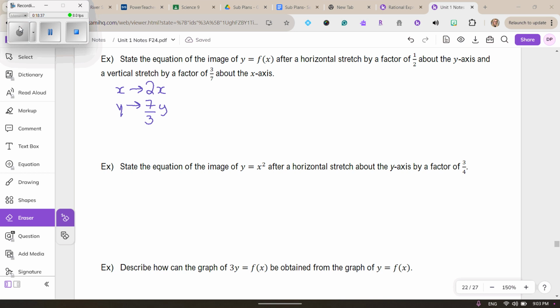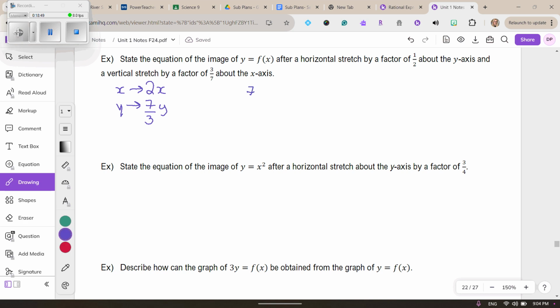Now let's take our replacement notation and put it into our equation. We have 7/3 y equals f of 2x. So we've taken that original function and replaced y with 7/3 y, and x with 2x.